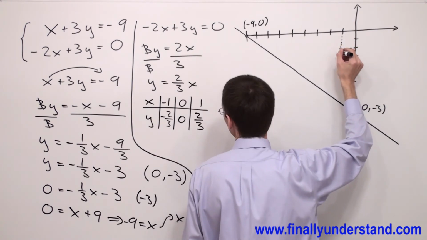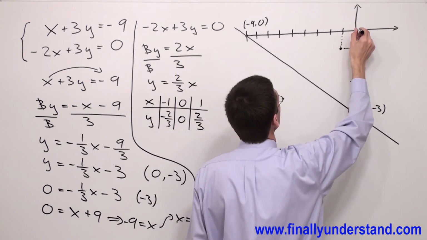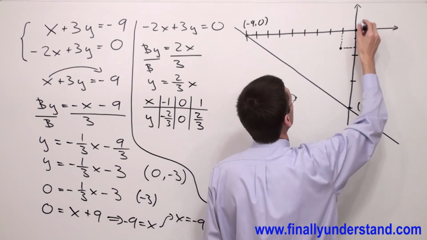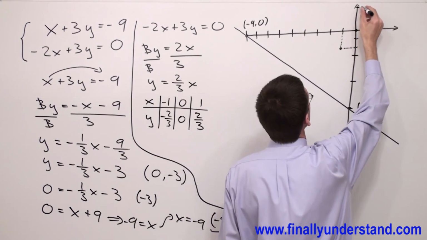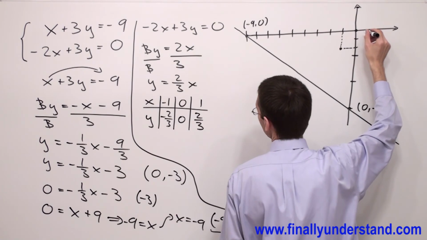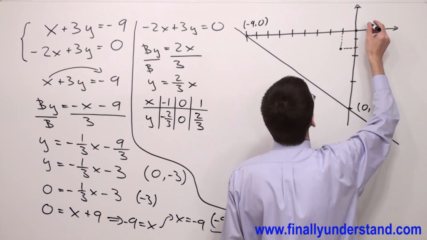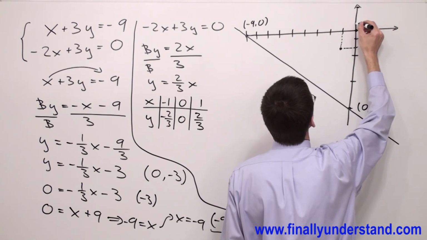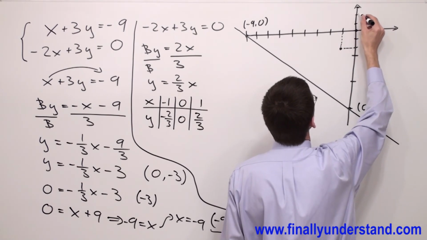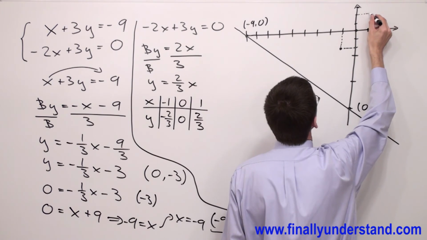This is my first point. Next point is 0, and I have also, we can say approximately, a unit over here. And I have 1/3, 2/3. So this is my 2/3, somewhere over here.